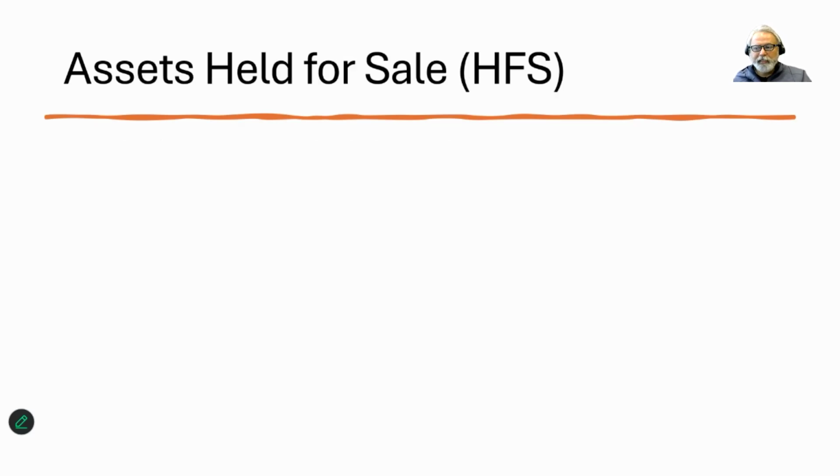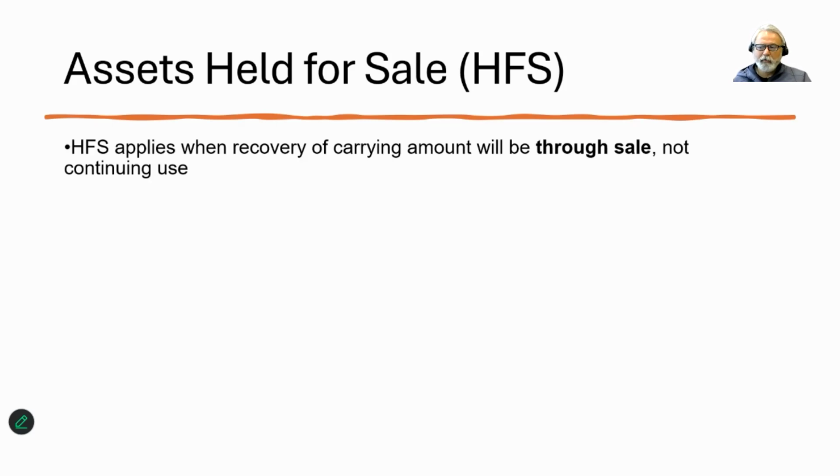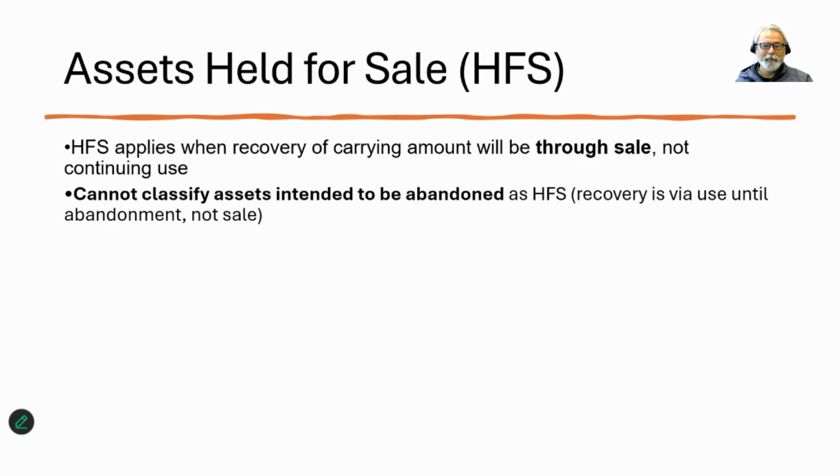Here our focus is on assets held for sale. The held for sale category applies when the recovery of carrying amount will be through sale and not continued use. So assets that are intended to be abandoned can't be classified as held for sale, right?